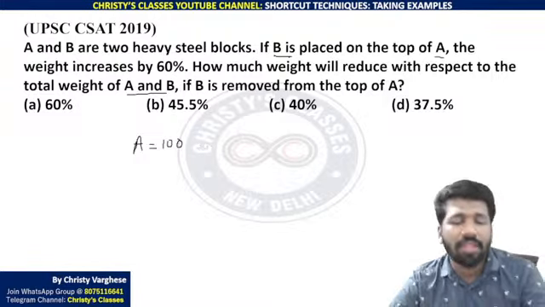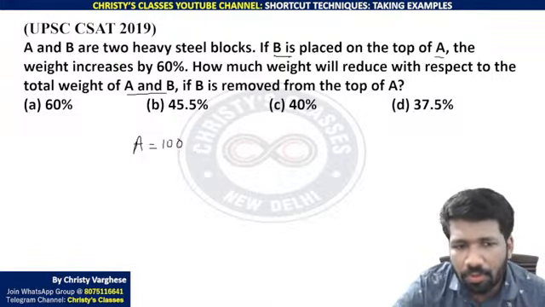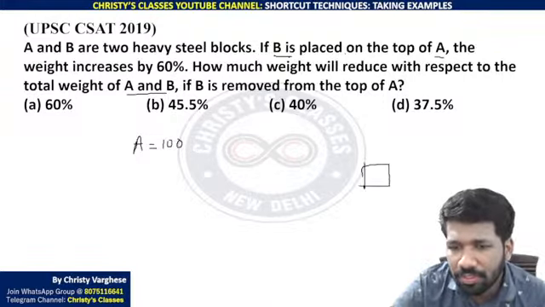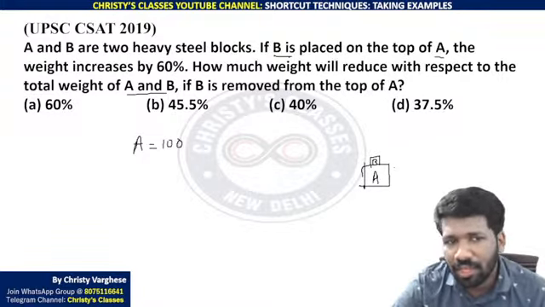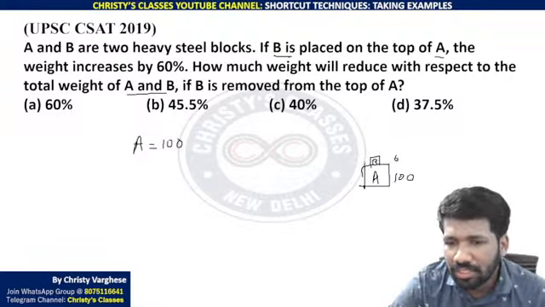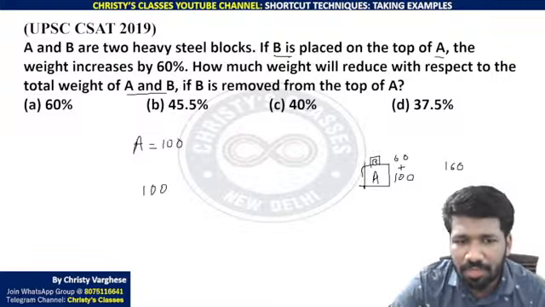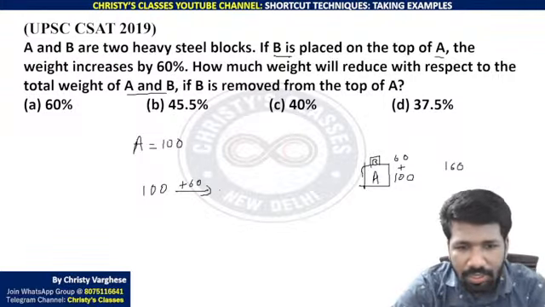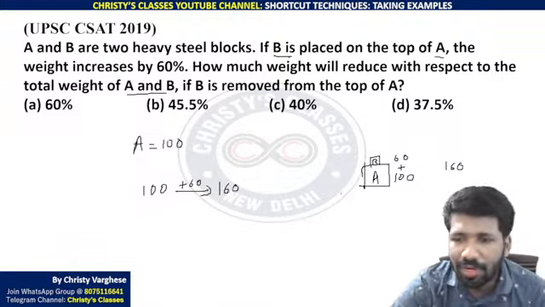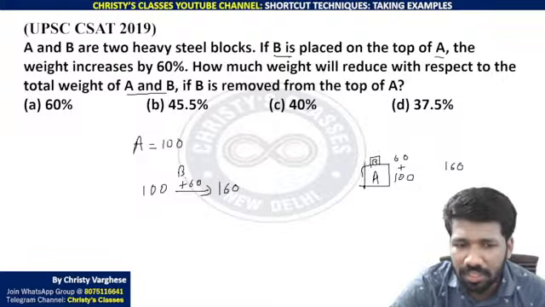So 100 units be the weight of A or mass of A. And the question says that if B is placed on top of A, so if this is A and this is B, when B is placed on top of A, the weight increases by 60% means 60 kg is added so that it will become 160, because weight increase by 60% means 60% of 100 is added. 60% of 100 is 60 only, because example 100 we took. So 160 is the total weight after B is added. That means B's weight is 60. B's weight is 60 to satisfy the condition.